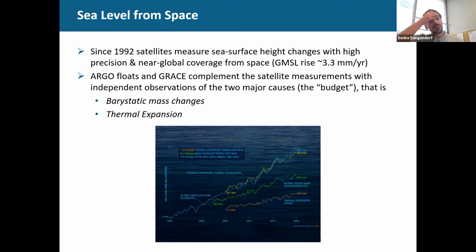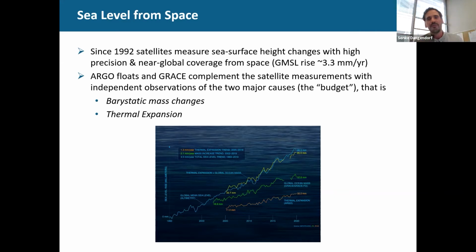The resulting global mean is shown here in green. It has been increasing by 2.1 millimeters per year since 2003. The increase is primarily related to glacier melting and the melting of the two large ice sheets, in particular Greenland. The little wiggles that you see, the variability, that is primarily induced by hydrological changes or changes in the hydrological cycle.